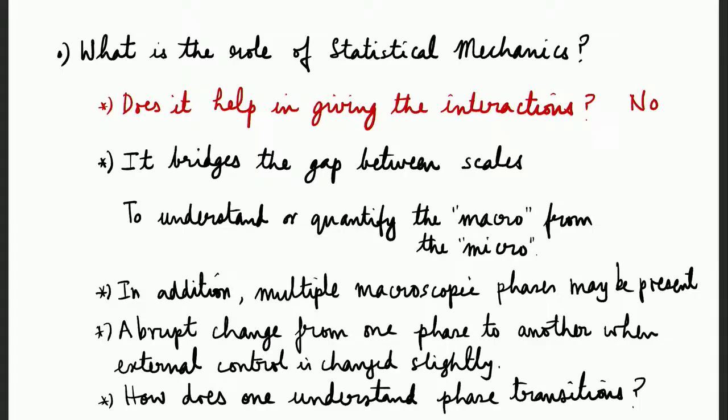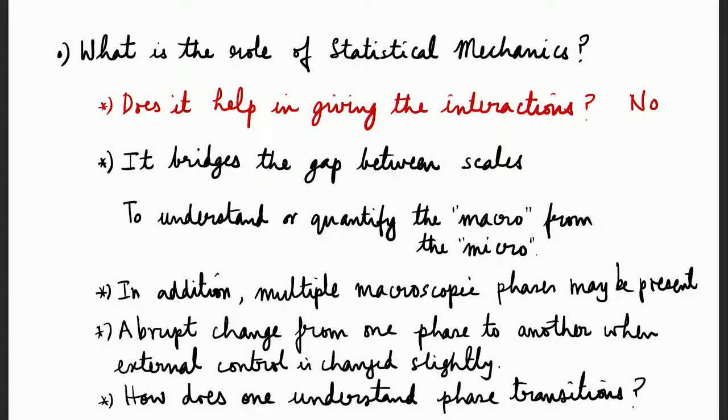So, these are two broad aims: understanding the macro phases and understanding the transitions. There may be many more, but this is the broad aim of StatMech. It could be a physical system, it could be a social system like markets, it could be a biological system like yourself.